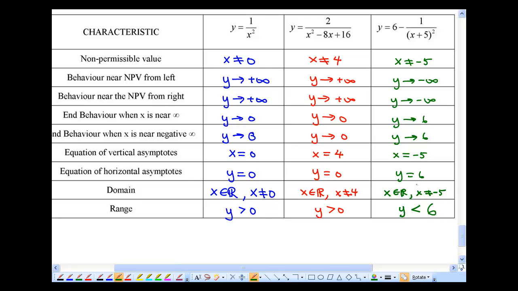Did you switch the sign here for the range? Remember, reflection. Done.